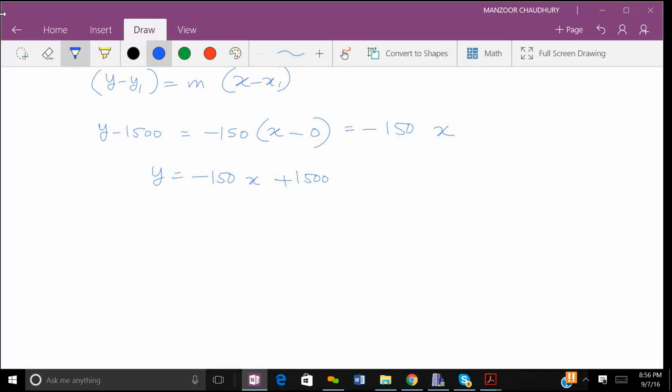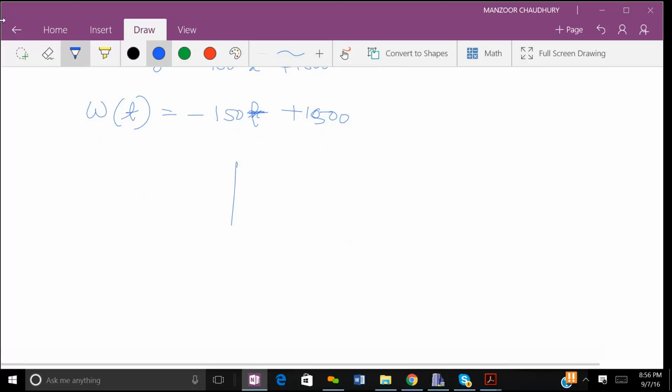So the equation is w, depending on the t, that is going to be negative 150x plus 1500. Sorry, it's t, not x. Whatever the t is, you change the t, and that's it. If you draw the graph, it will look like something like this.